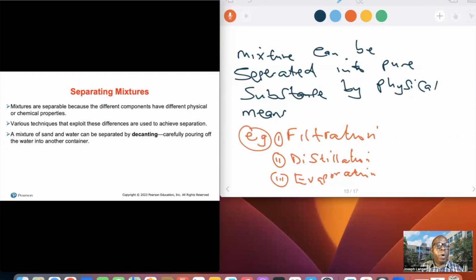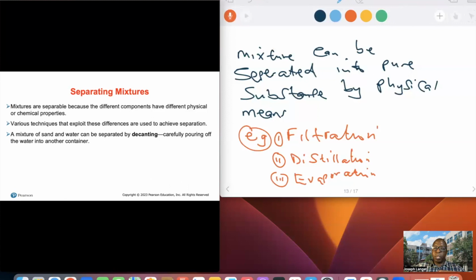What I want you to understand is the technique mentioned here, for example, decanting. What does decanting mean? You may have used this in the past. Decanting is carefully pouring off.